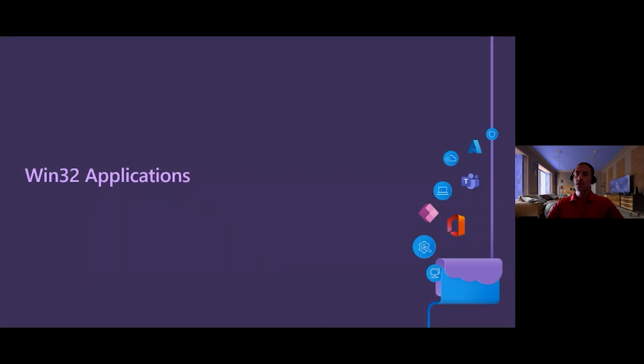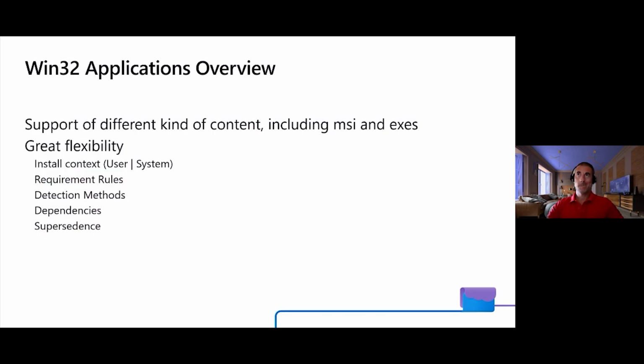Now let's discuss Win32 applications and how you can create those. This type of application offers great flexibility to deploy commercial apps or also in-house developed apps. Typically, you will deploy MSI and executable, but with Win32 apps, you can deploy really any kind of content to your devices.